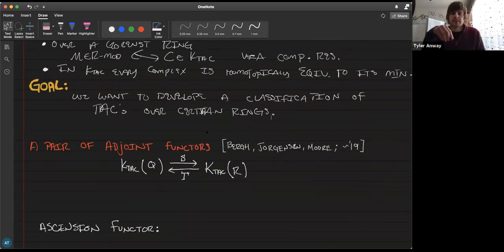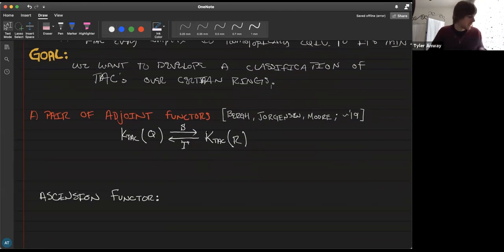Now, in order to facilitate this classification scheme, we first need to define what an approximation is. And before we do that, I also want to build this pair of adjoint functors so that approximations exist. This pair of adjoint functors was first defined by Berg, Jorgensen, and Moore in their 2019 paper, Totally Acyclic Approximations. This is actually where a lot of the work that I've done derives from.